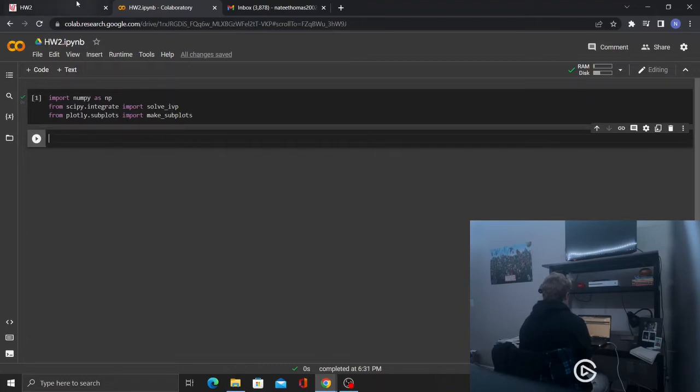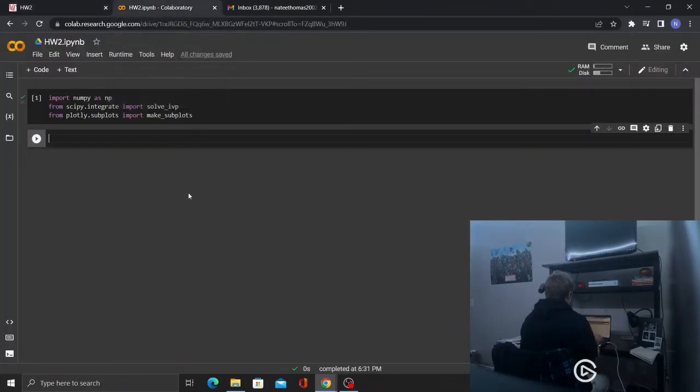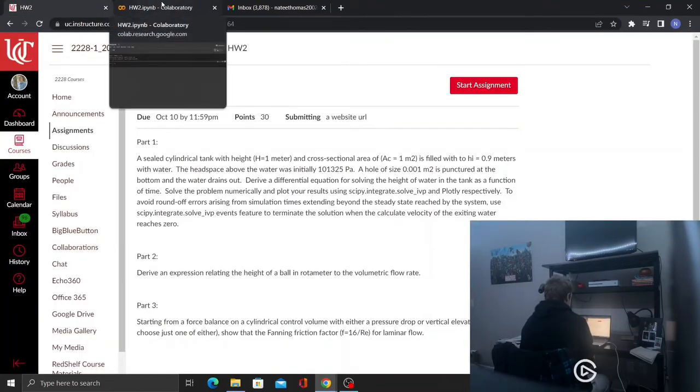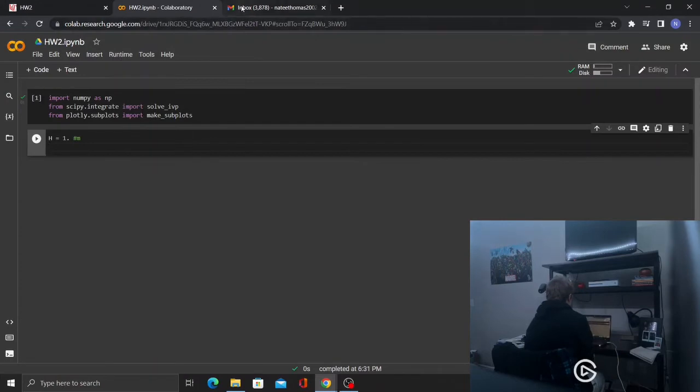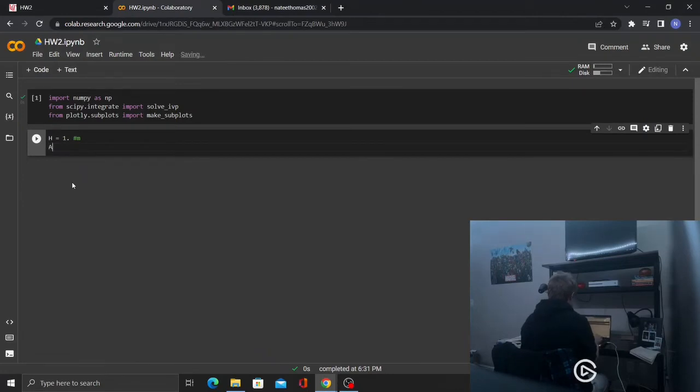So to start off, we're just going to put in some of the values that we know from our problem. The first one is big H is 1 meter. And as you can see, I've put the units after a hashtag symbol, and that basically makes it a comment so it won't impact our code. We have the cross-sectional area of AC is equal to 1 meter squared. But again, in our problem, we just called that A1, so I'm going to call it A1.